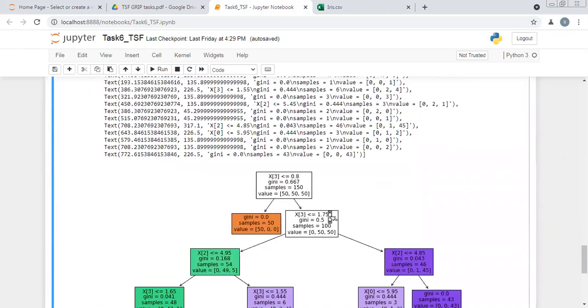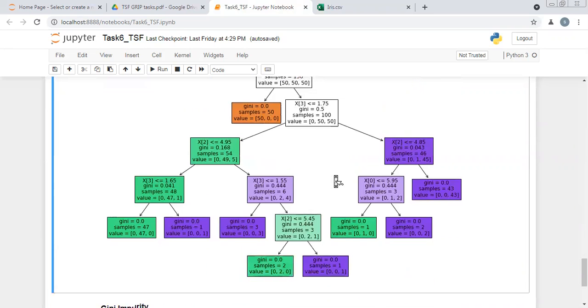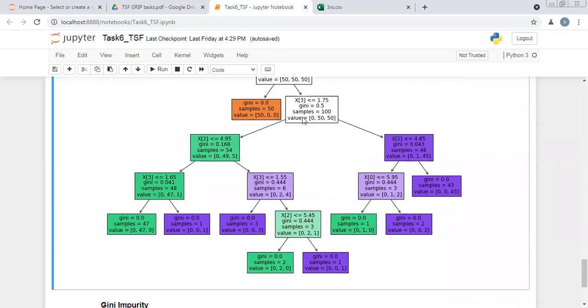So this is the meaning of this value, and total samples are 100 because 50 are of virginica and 50 are of versicolor. How has this Gini index been calculated?